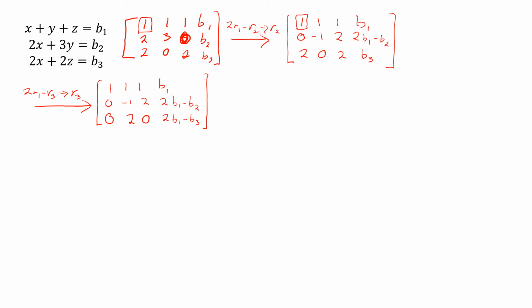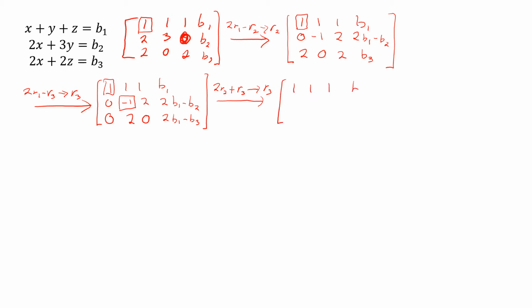Now following through with our Gaussian method, we've taken care of that pivot point, so we're going to take care of this one. We need to get rid of the number underneath it. So we are going to do 2 row 2 plus row 3 as the new row 3.